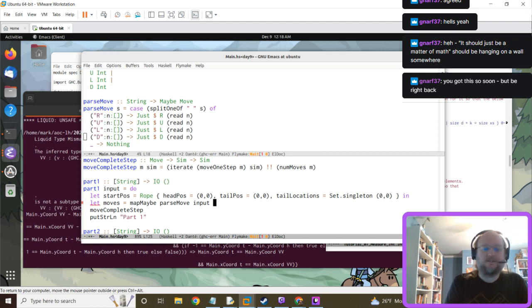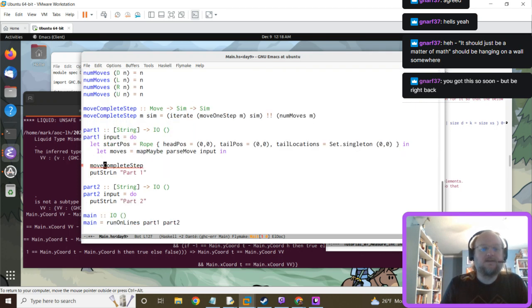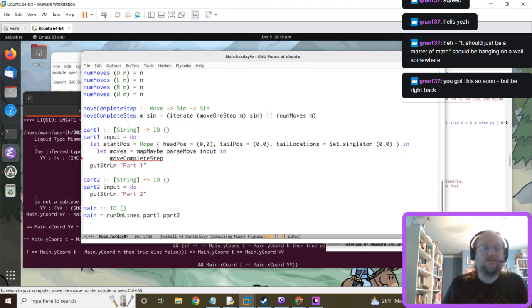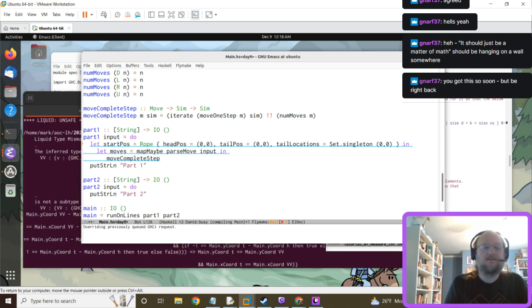Let's move over the input. And so now we need to, do we need to rewrite this in the other way so we can use the right fold on it?